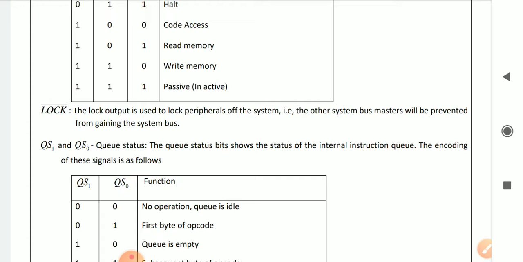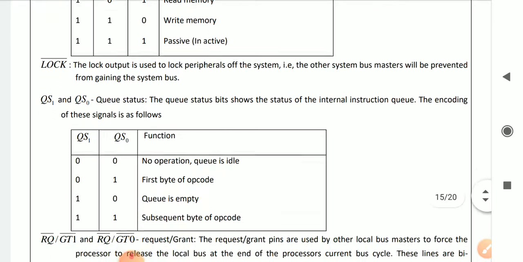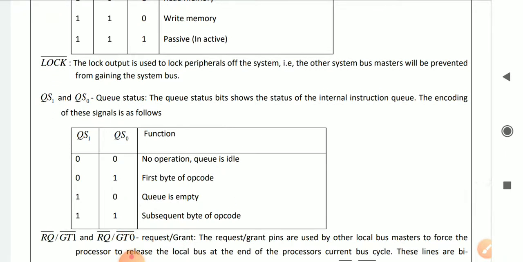Queue status 00 means no operation, the queue is idle, meaning nothing is happening. There are instructions, but no operation will be performed.